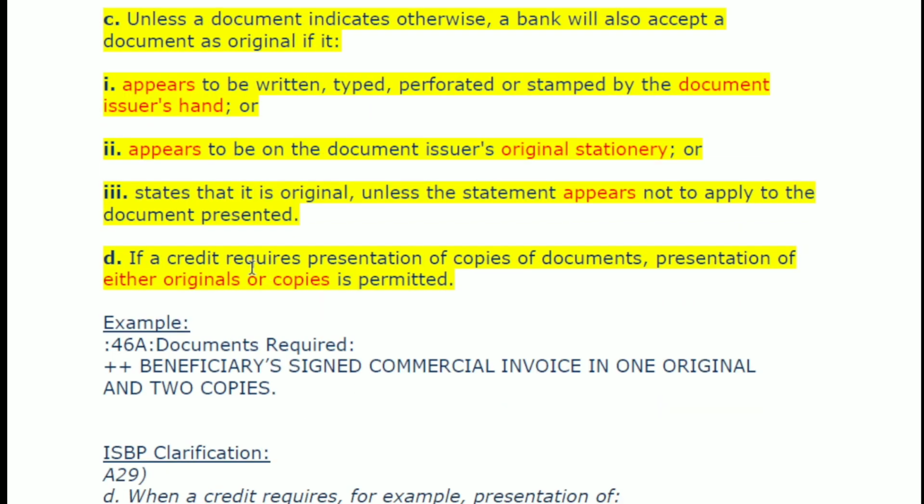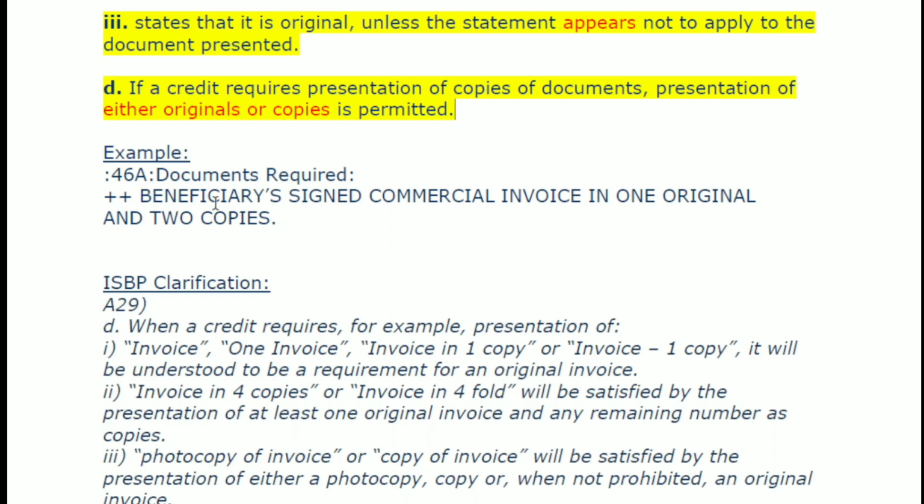Now, point number D states, if a credit requires presentation of copies of documents, presentation of either original or copies is permitted. We will understand this clause by the example given below. Let's say LC clause 46A calls for a beneficiary signed commercial invoice in one original and two copies.